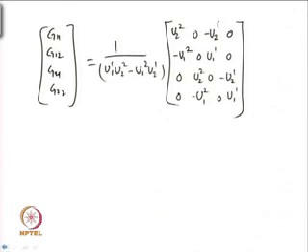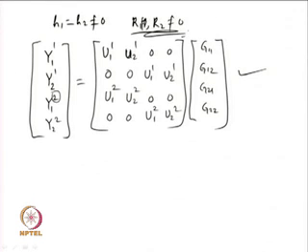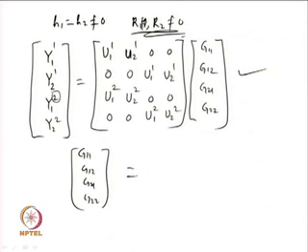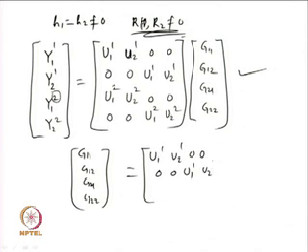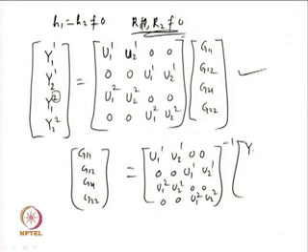So, when you find the matrix inversion of this one, because ultimately, G11, G12, G21, G22 is equal to, taking this to the left hand side, you will have the inverse of the matrix U11, U21, 0, 0, 0, 0, U11, U21, then U12, U22, 0, 0, 0, 0, U12, U22, times Y11, Y21, Y12, Y22.